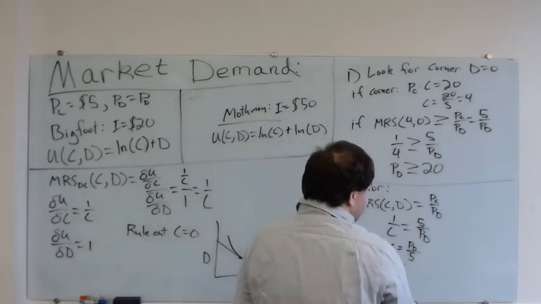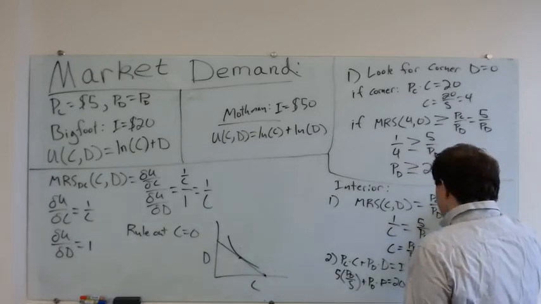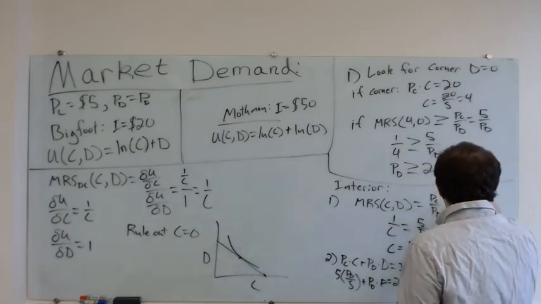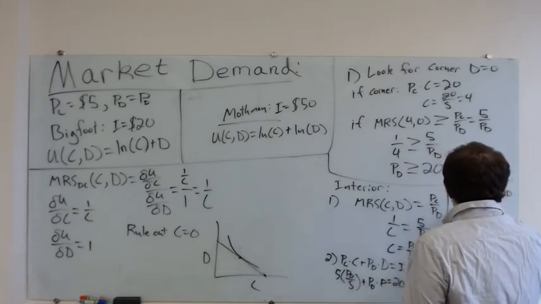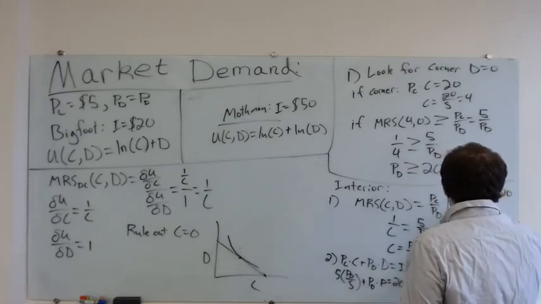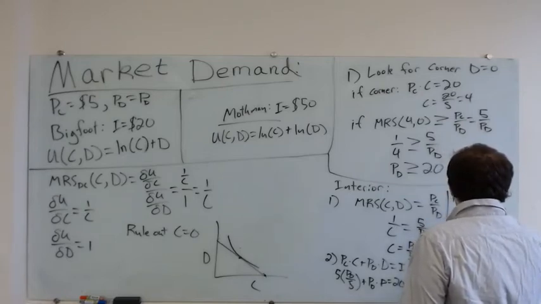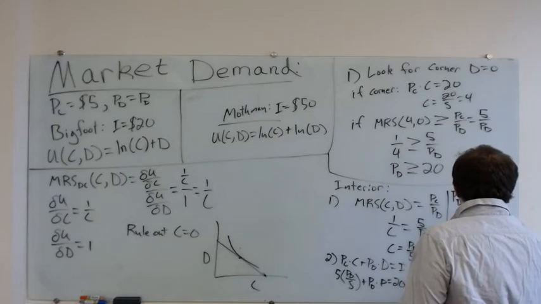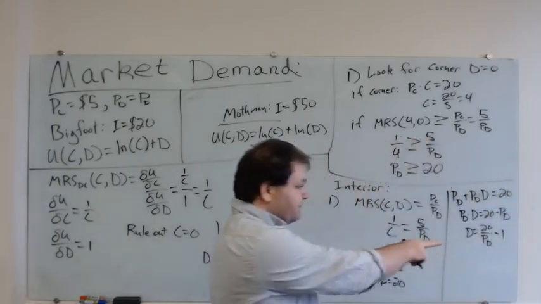So what does that tell us? It tells us that PD plus PD times D equals 20, right? PD times D equals 20 minus PD. D equals 20 over PD minus 1, right? So we've got two conditions here, right?